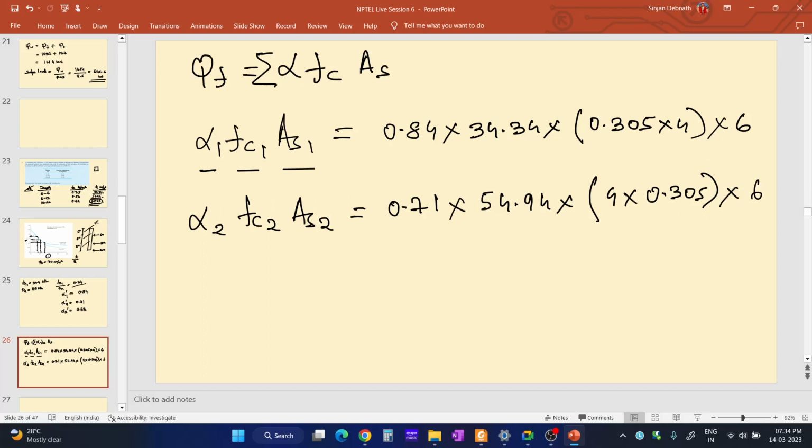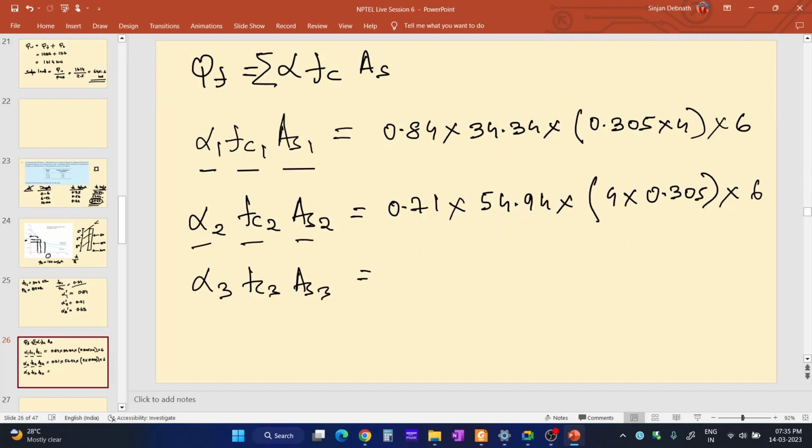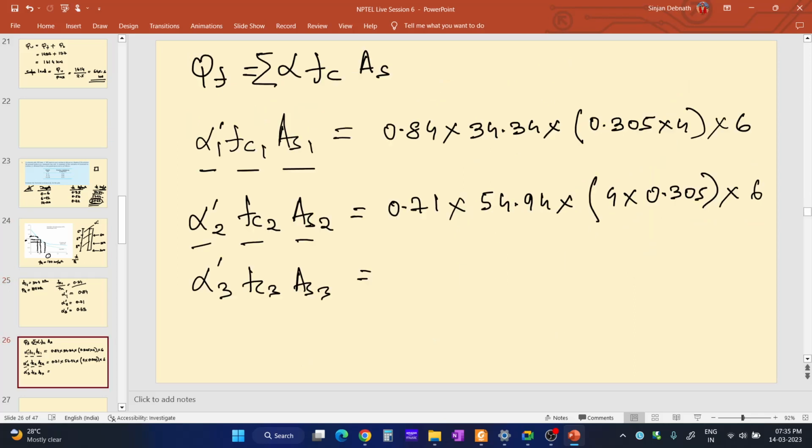After that, we need to find out the skin friction resistance for the third segment, that is alpha 3, FC3, AS3. How much is alpha 3? Alpha 3 dash, actually all these are alpha dashes, is equal to 0.63.